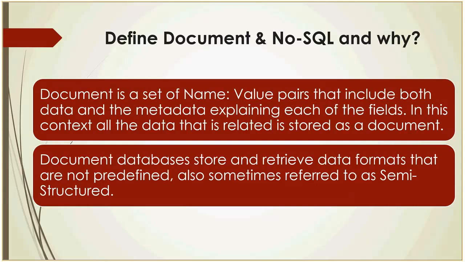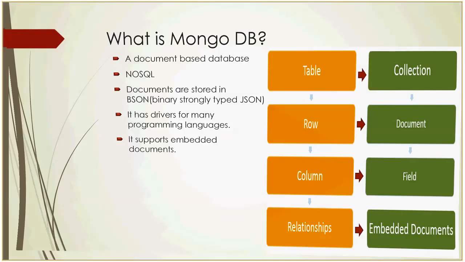So there is no standard structure for the documents, although there is some commonality that we would like to keep, but the whole goal is to store different documents that don't have a standard structure but still be able to retrieve and query them. They are also called semi-structured because they have some kind of structure but not a full structure.